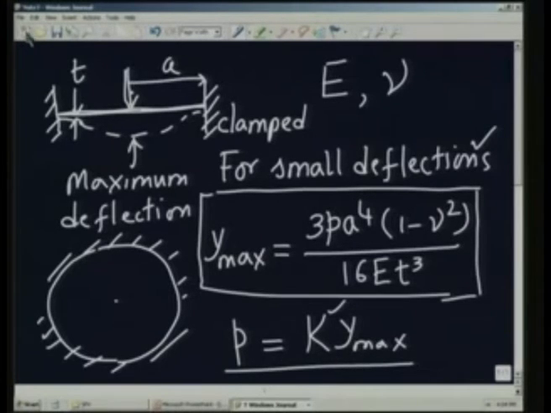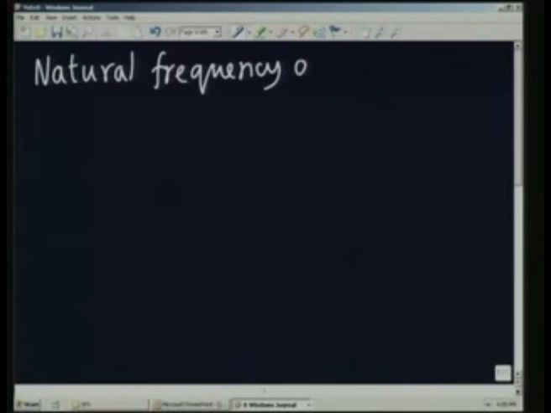The second formula I am going to give is something which is going to be useful, the natural frequency of the diaphragm. This will play a role in measurement of transient pressures, when the pressure is varying with respect to time.